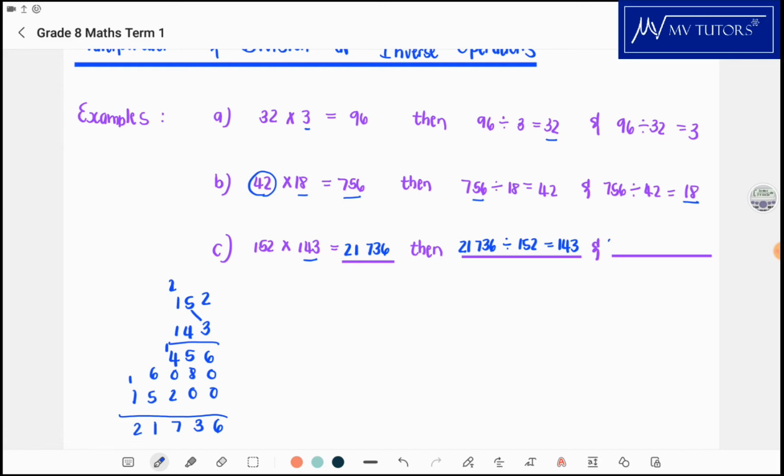Or if we take the same number, 21,736 divided by 143 has to give us 152. Okay, so yes, that is multiplication and division as inverse operations.